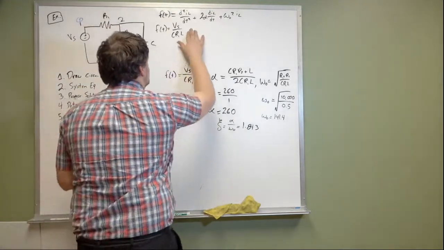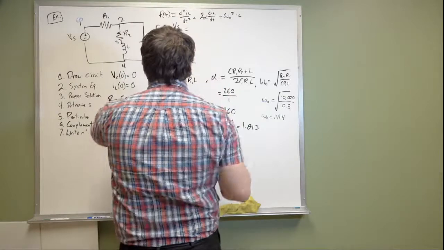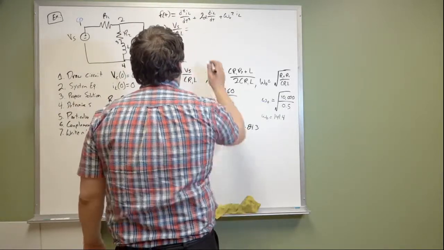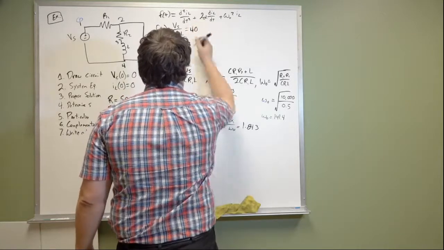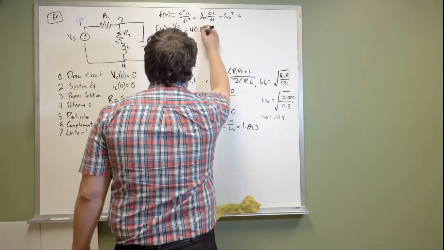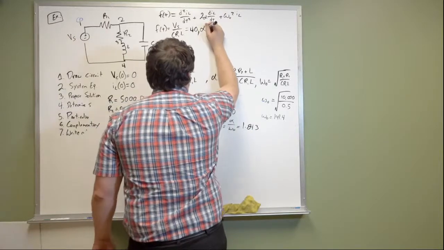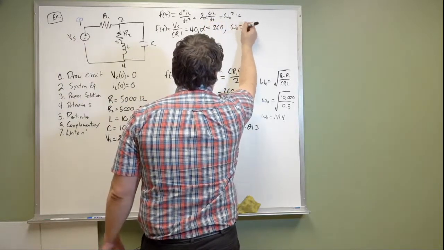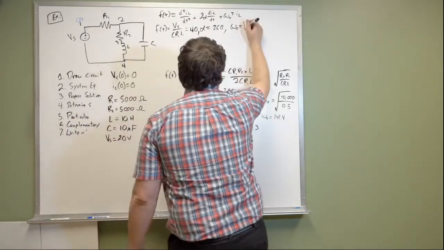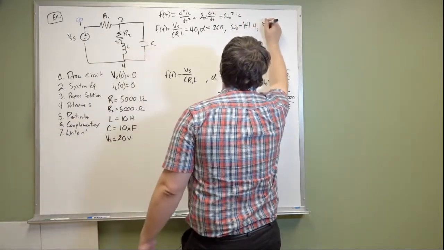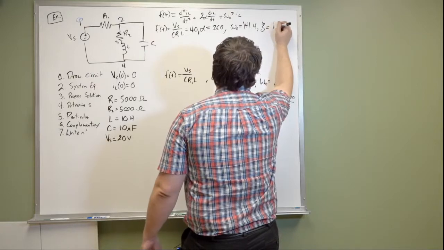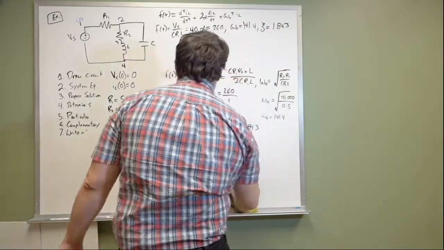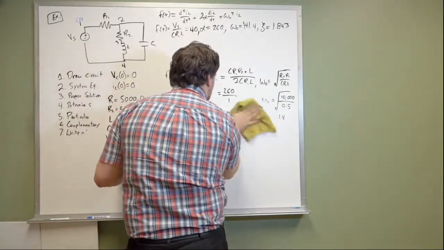Then this is equal to 20 divided by 0.5, which is 40. And we have alpha equal to 260, omega naught equal to 141.4, and our zeta value equal to 1.843.